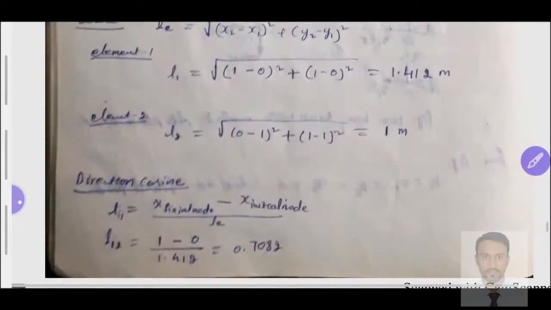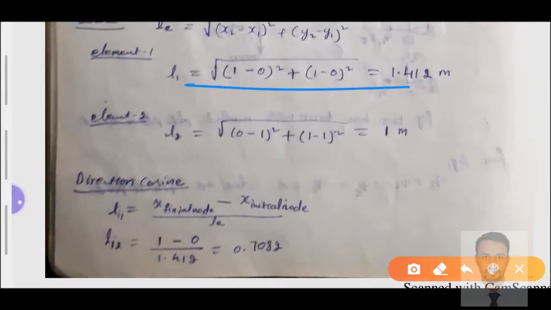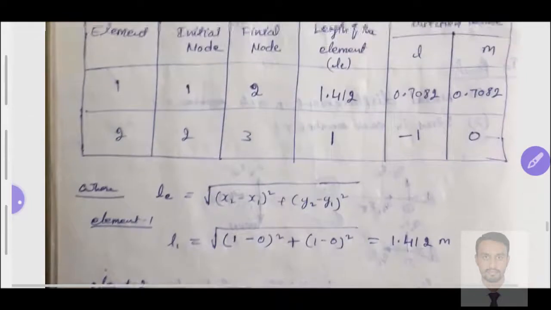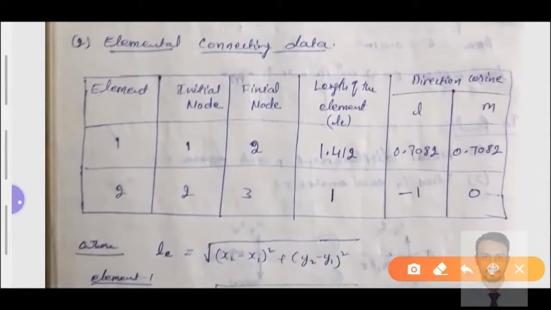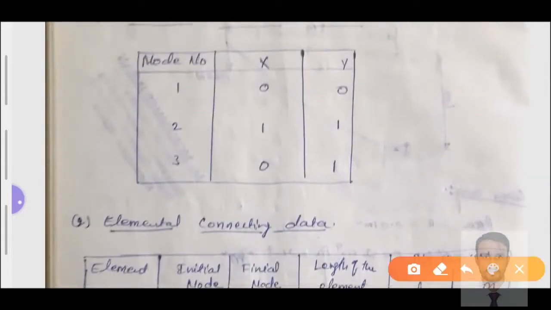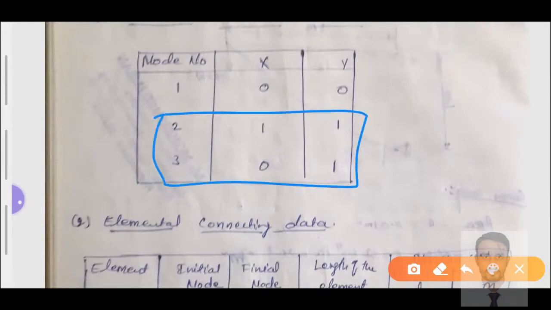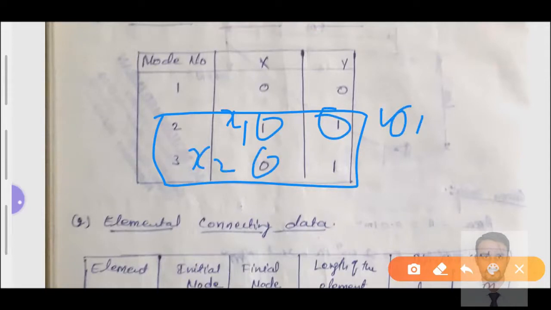Now we have substituted the values and got this answer. Similarly for element number 2, what are the x1 and x2 values? The element starts from node number 2 and ends at node number 3. That means we take x1 equals 1, y1 equals 1, x2 equals 0, y2 equals 1.